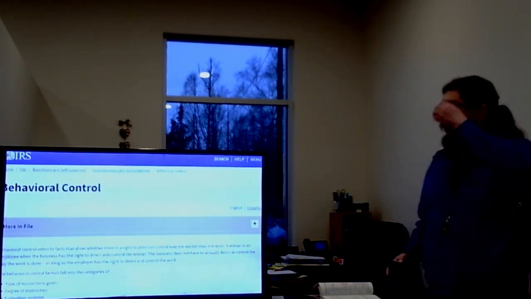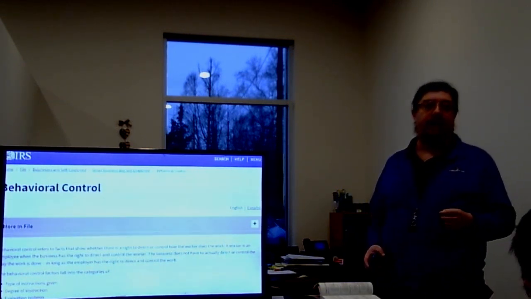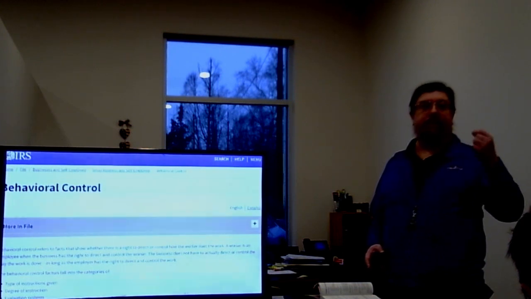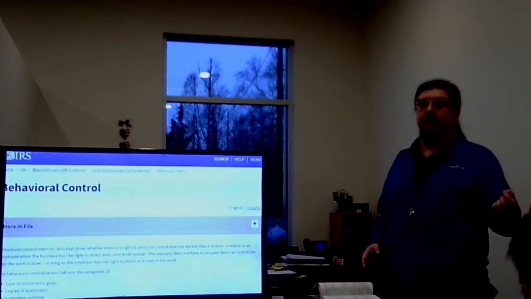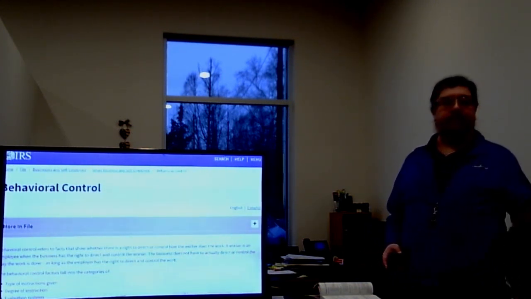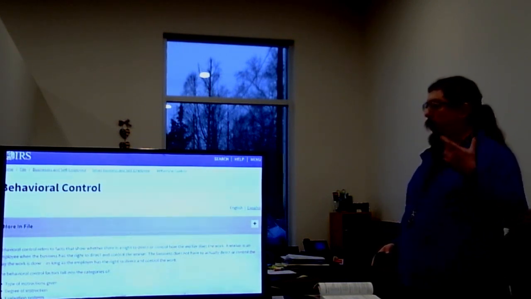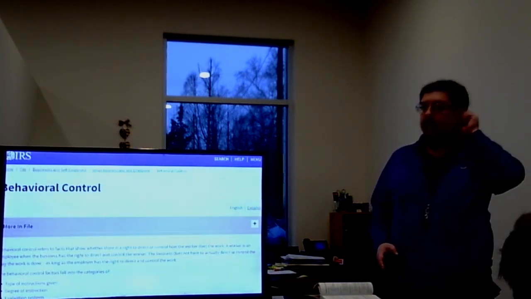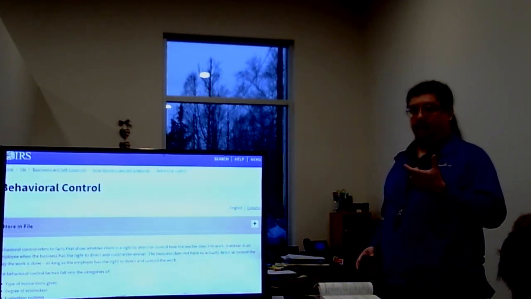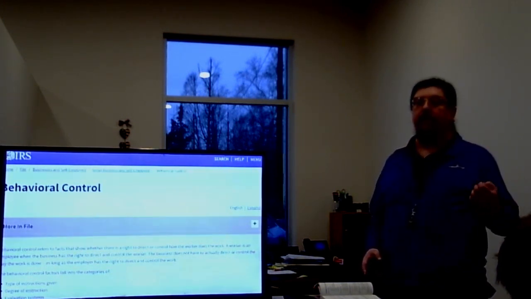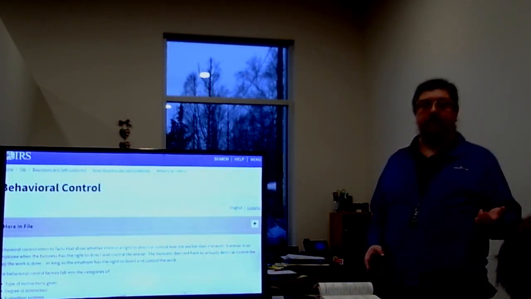So the first category is behavioral control. This is basically the payer, the person who is paying the person who's working. One is the payer and one is the payee. That might be an employer-employee, or it could be a client-contractor relationship.